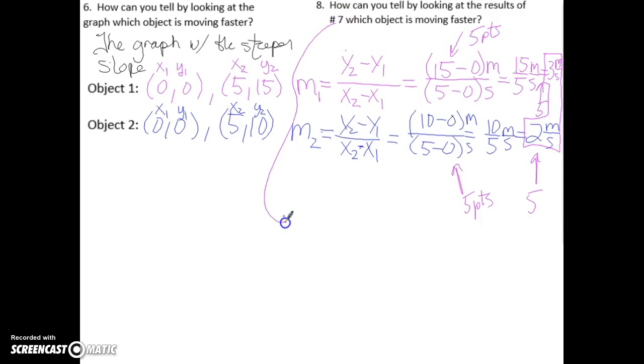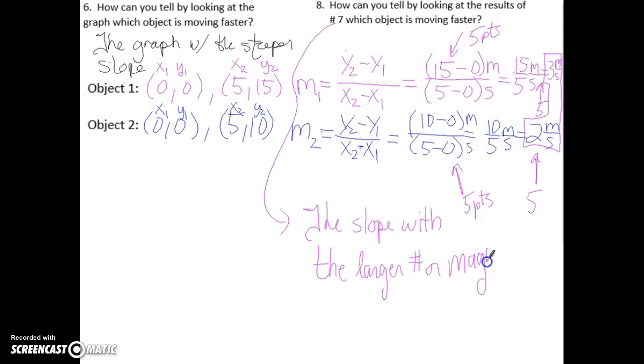And it's straightforward. Whichever one is larger. The slope with the larger number or magnitude, either way it's fine. Magnitude is the number. Okay. And that is this one right here.